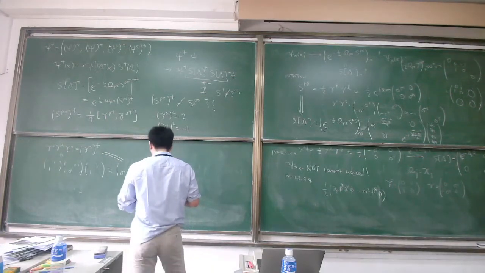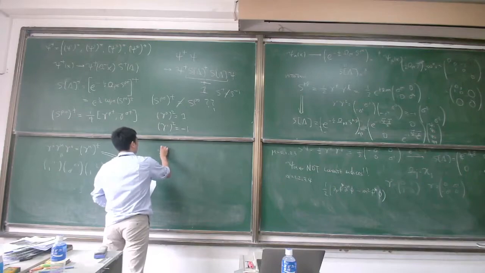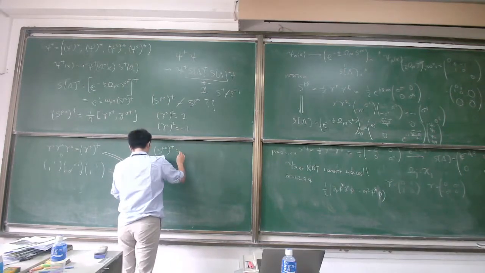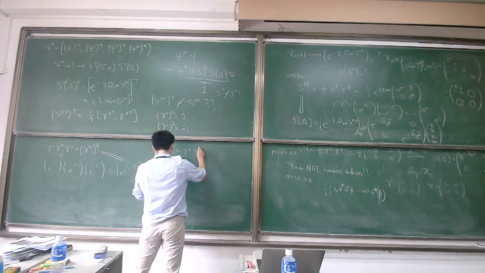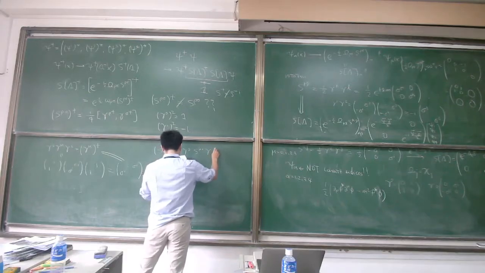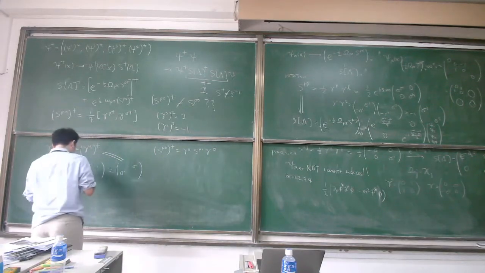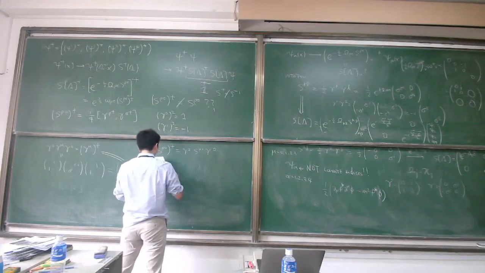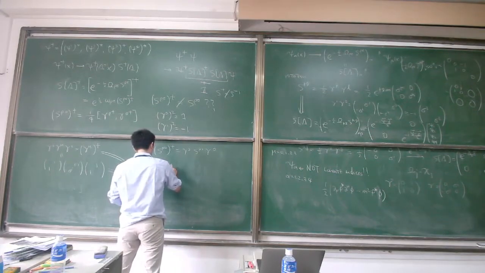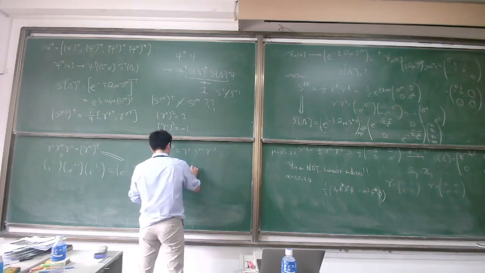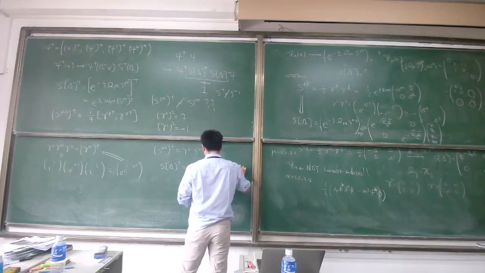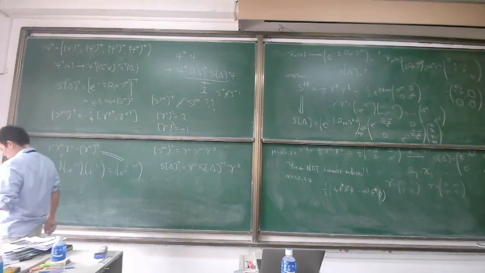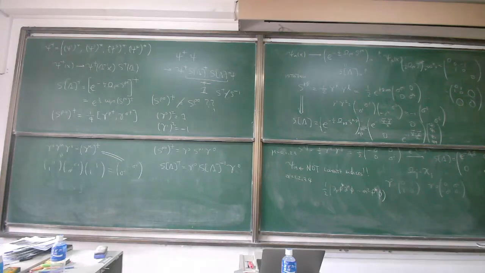So therefore, by definition, S mu nu dagger can be understood as gamma 0 S mu nu gamma 0. So if you take the exponent, we have S lambda dagger equal to gamma 0 S of lambda inverse gamma 0. Do you see this relation?